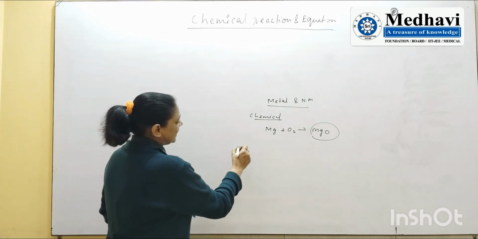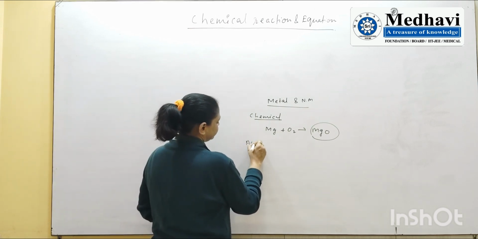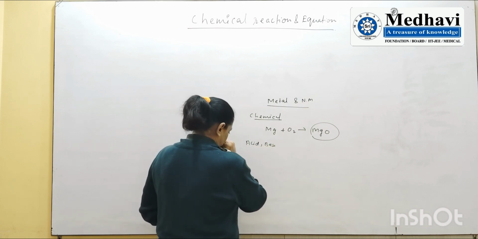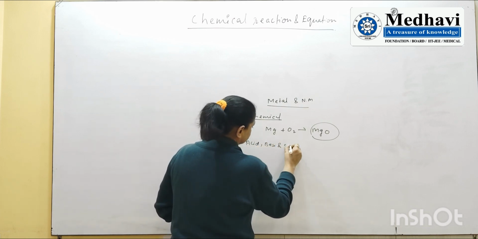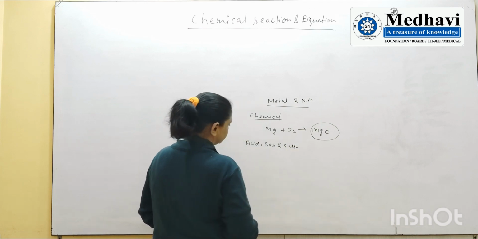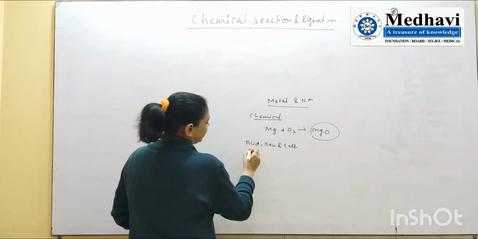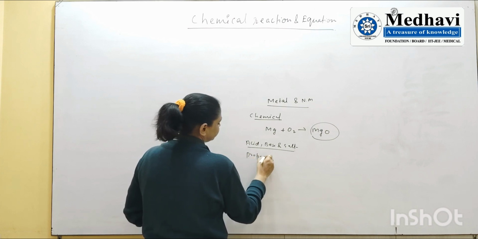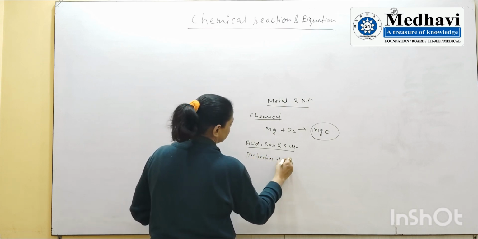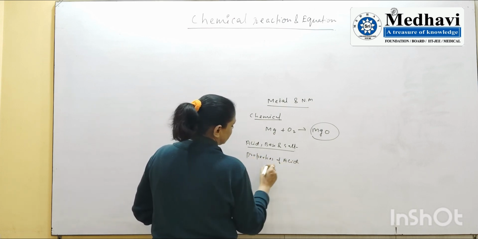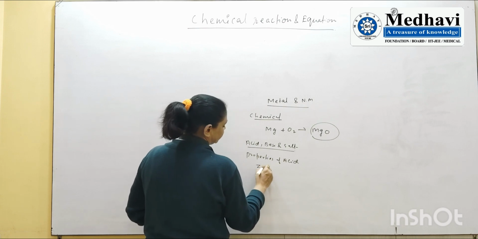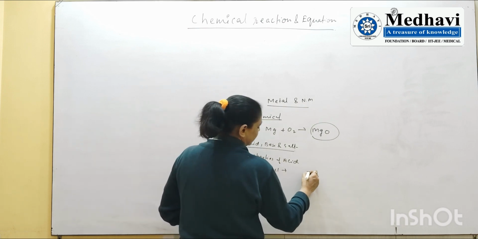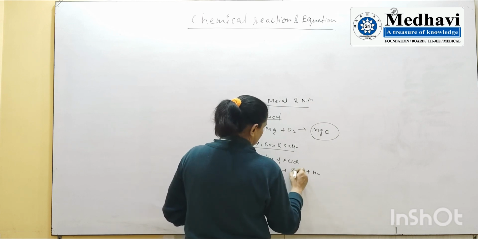Second thing, acid, base and salt. In this chapter, you have to know properties of acids. For example, acid react with metal to produce hydrogen gas and salt.